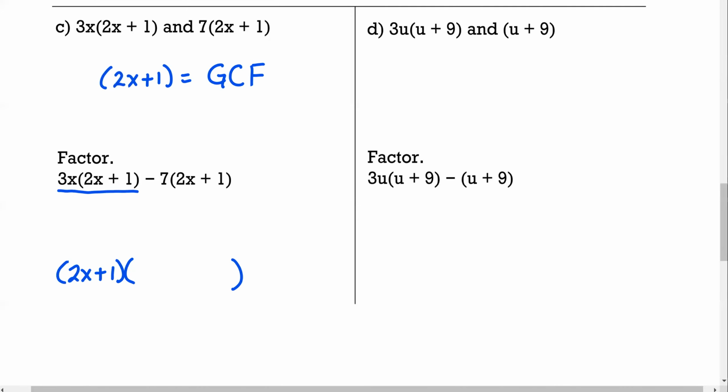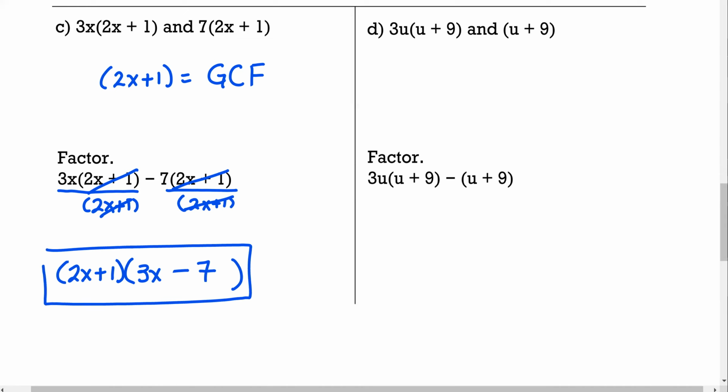So if I divide the first part by the 2x plus 1, I'm left with 3x. And if I divide the second part by the 2x plus 1, that leaves us with the minus 7. And there we go. We have completely factored this.